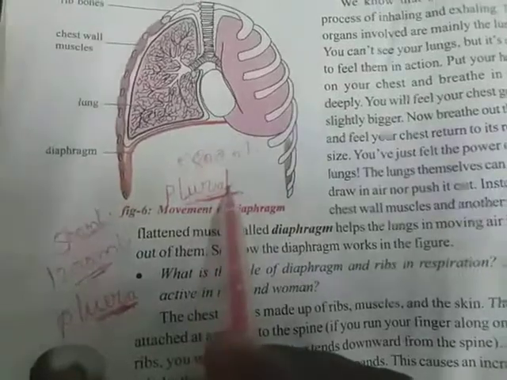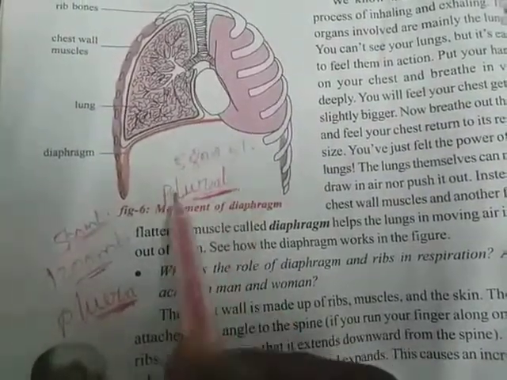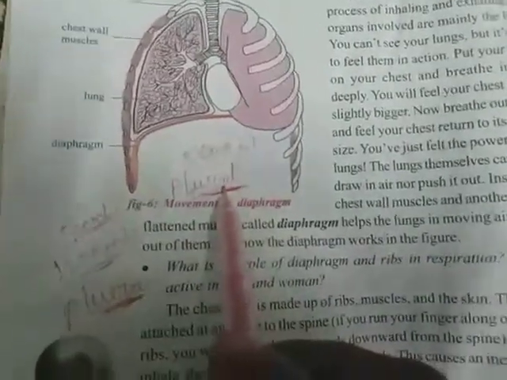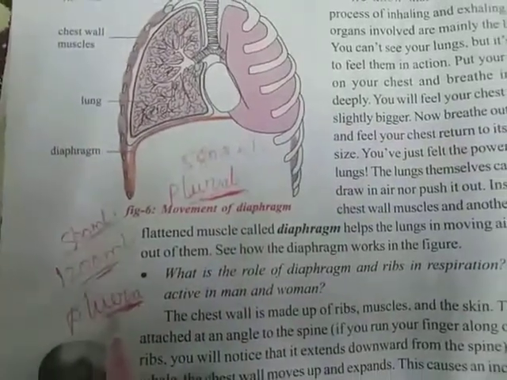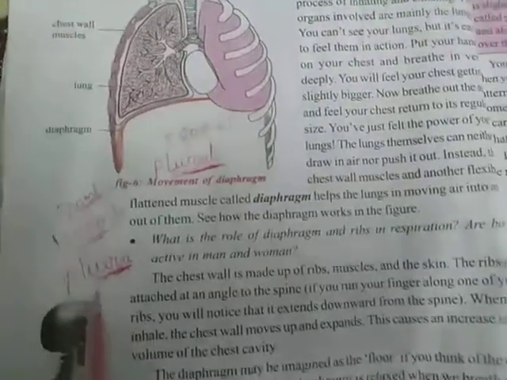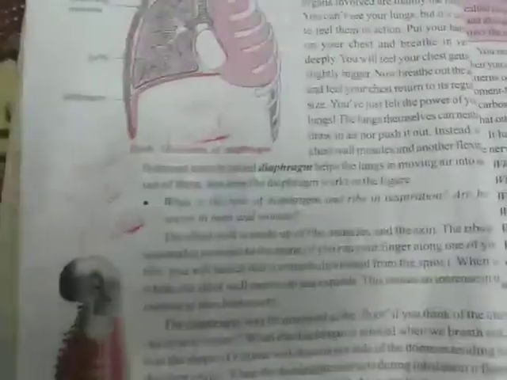Our lungs are protected by two pleural membranes. In between these two membranes, a fluid is present. That fluid is called pleura. What is the use of pleura? Pleura is useful to protect our lungs from external shocks and jerks.